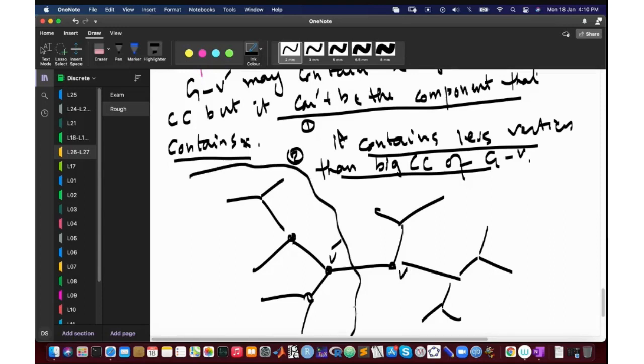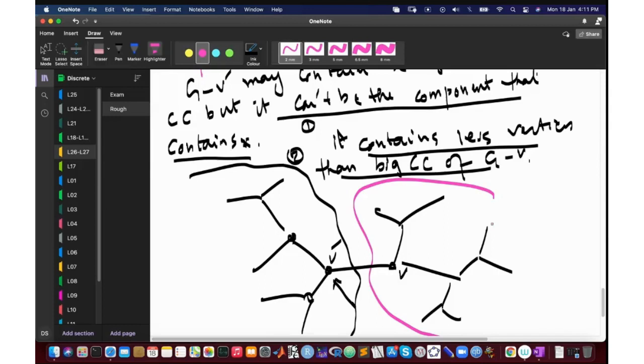Now the question is, if I remove V bar, having moved to this side, the connected component in G minus V bar can't be this component. It's not possible that the component which contained V is now the big connected component after removing V bar. Because sir, we are disconnecting the only path between V and the other component. There is only one path that exists.